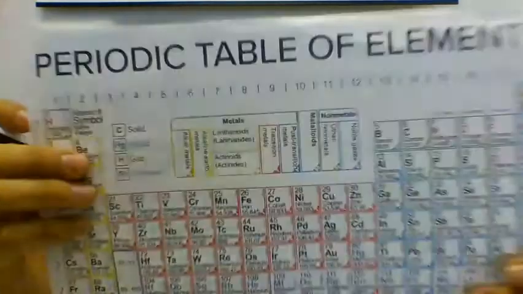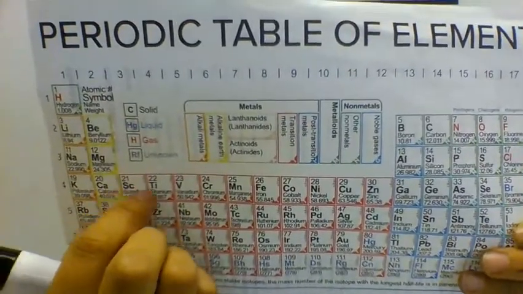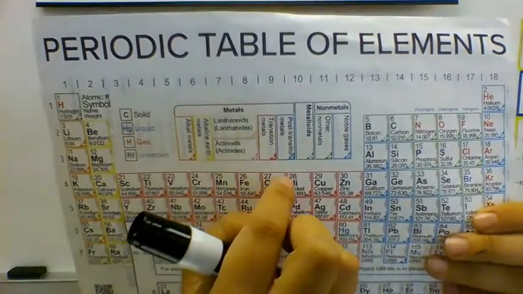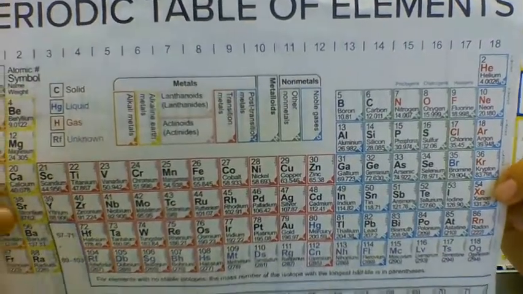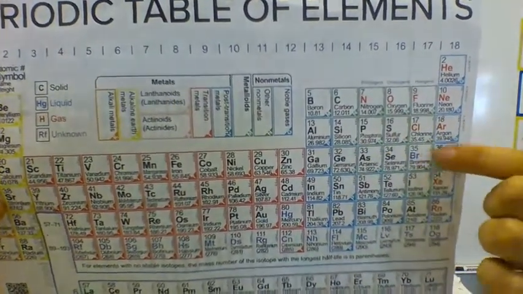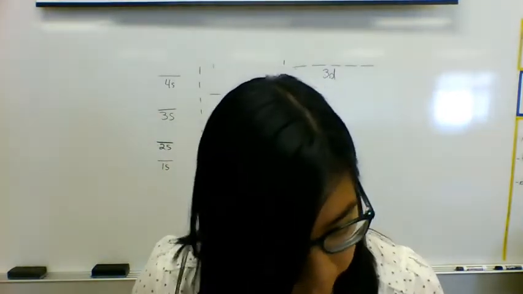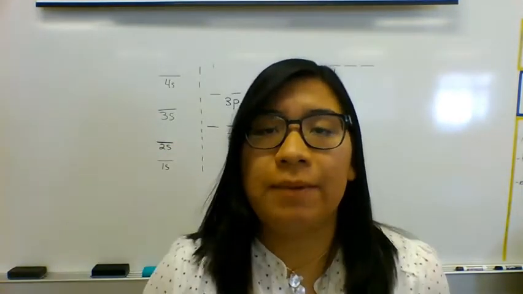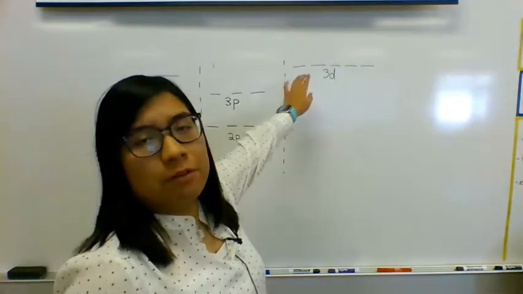I just wrote my 3d, so I wrote 5 dashes because I have 5 orbitals. So let's keep going. After 3d, you have 4p, and you have 1, 2, 3 orbitals. So that is going to be my 4p, and that is above 3d.